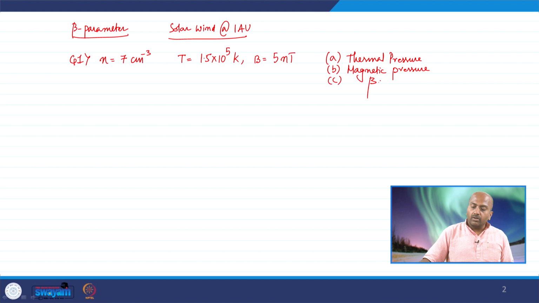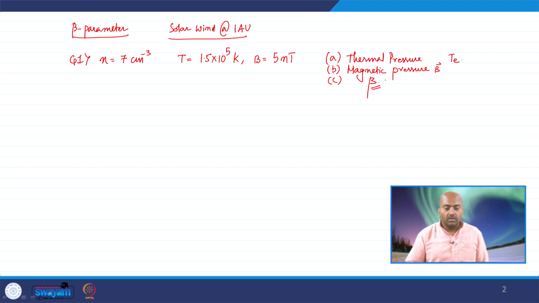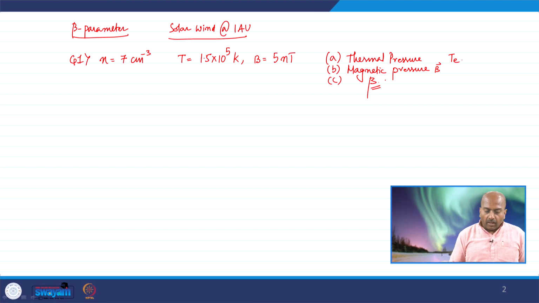The magnetic pressure is by virtue of the magnetic field, and thermal pressure can be assumed to be purely a function of the temperature and the number density, of course. And beta is a ratio of these two pressures which determines which properties are going to be manifesting dominantly, either the magnetic properties or the thermal properties, right. So, first we will calculate the thermal pressure.